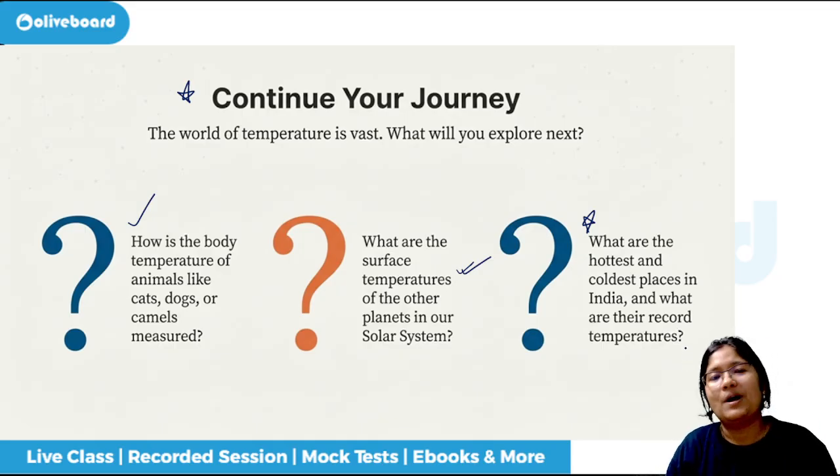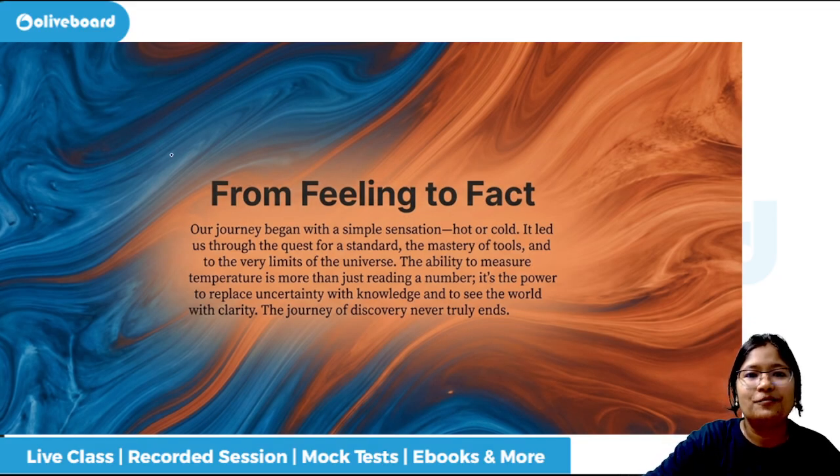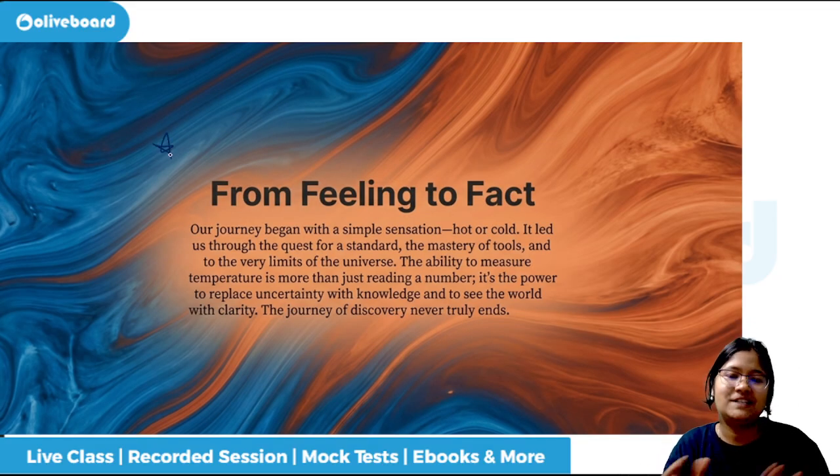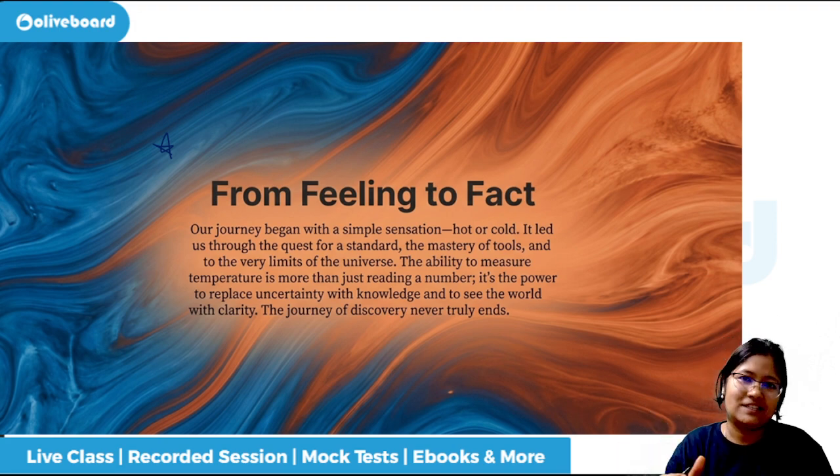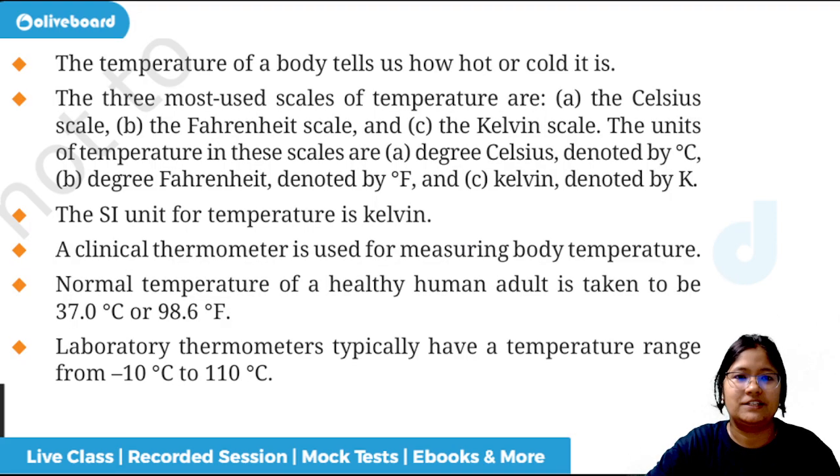I'll tell you about Dras, you tell me about the hottest places. And from feeling to fact, the journey continued from sensation, which was very subjective, to temperature readings in degree Celsius, degree Fahrenheit, or Kelvin, which are objective.